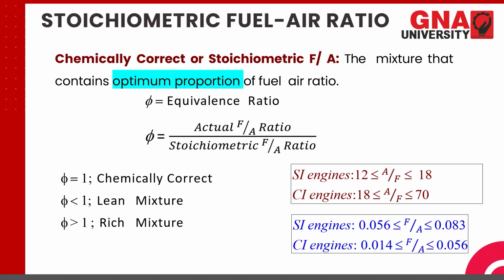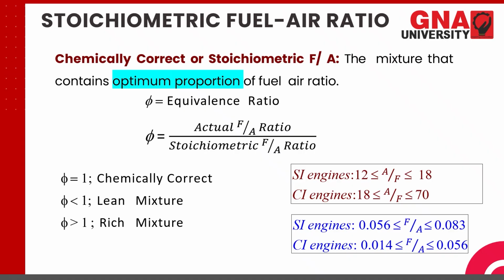Now equivalence ratio we define. Equivalence ratio is the ratio of actual fuel air ratio divided by the chemically correct, that is stoichiometric, fuel air ratio. So if the actual fuel air ratio is the chemically correct ratio, this ratio will be equal to 1.